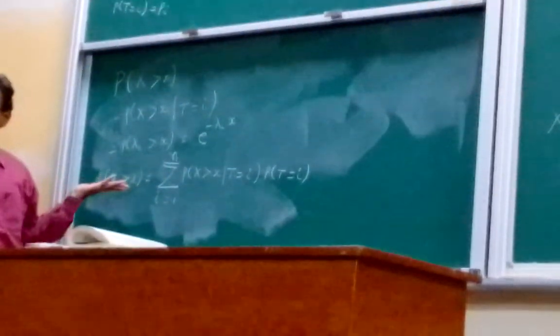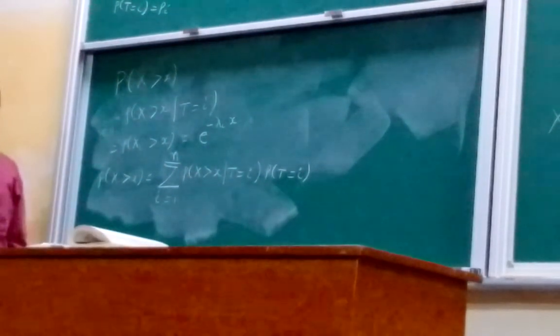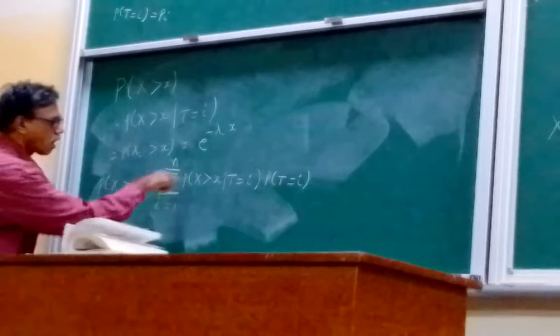This is the total probability of this. We have characterized it. So, how do we find this?